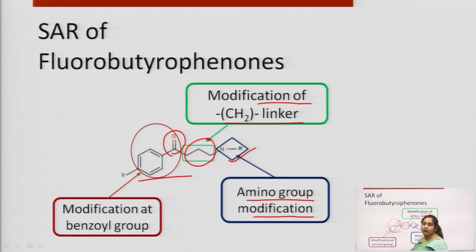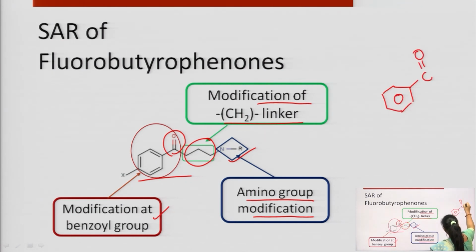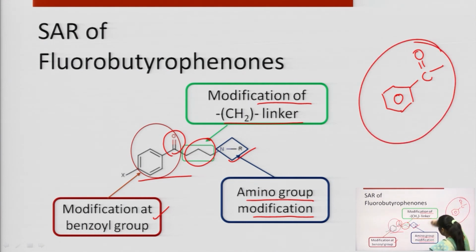Further, if we talk about the structure activity relationship of fluorobutyrophenone, again we have 3 possibilities, 3 targets. One is we can change the benzoyl group. We have already studied that when a benzene ring is attached with a C double bond O, then this is known as benzoyl group.